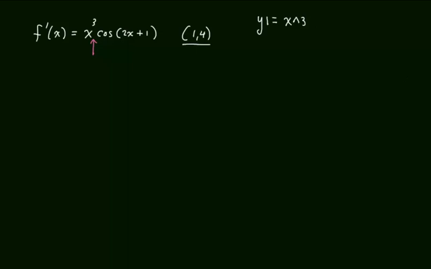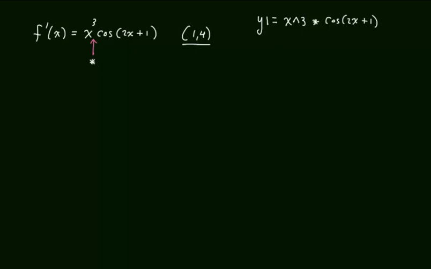So we need to insert a multiplication symbol. That's a little star. If you type times on your calculator, it's going to give you this little star. So x to the power of 3 times the cosine of 2x plus 1. So type that into your calculator.